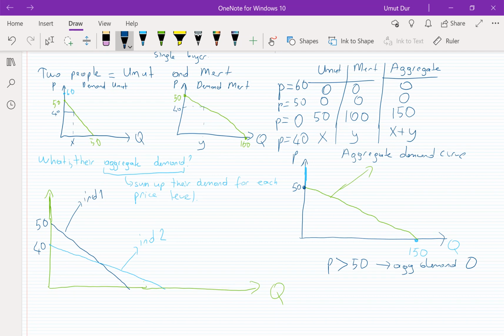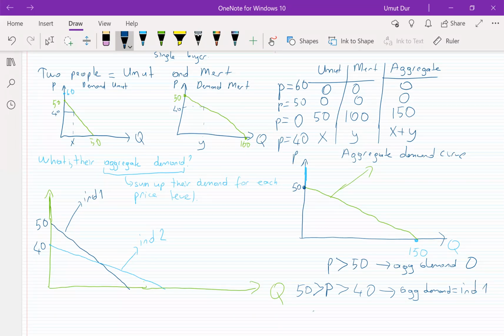When the price is between 50 and 40, individual 2 is demanding nothing, right? But individual 1 is demanding, so the aggregate demand will be the demand for individual 1.